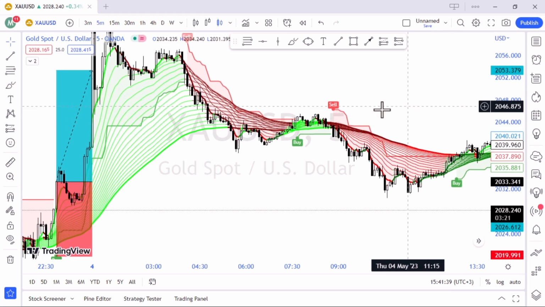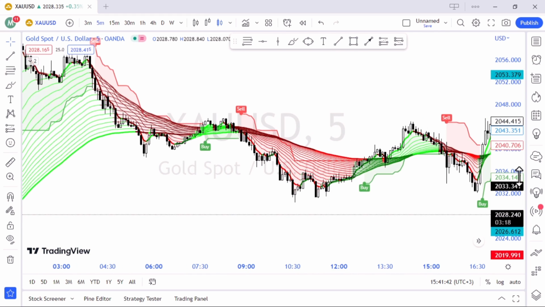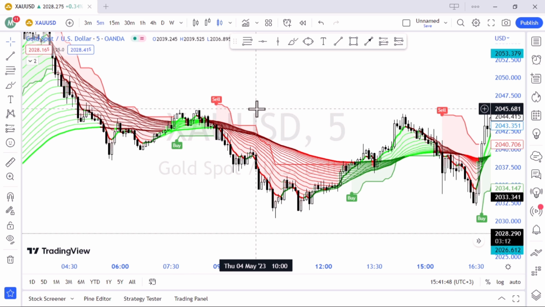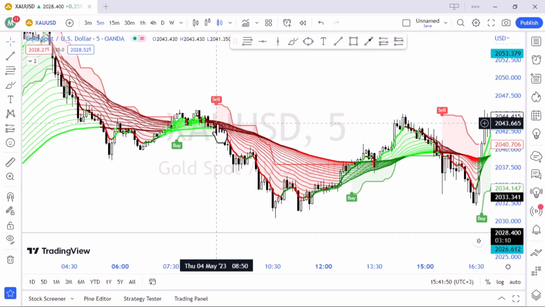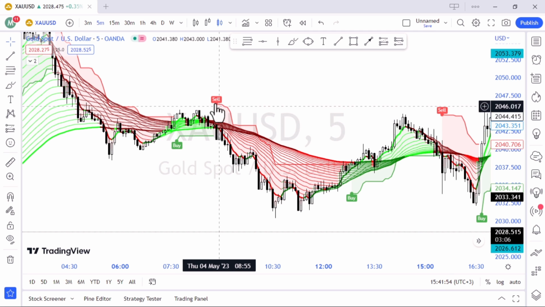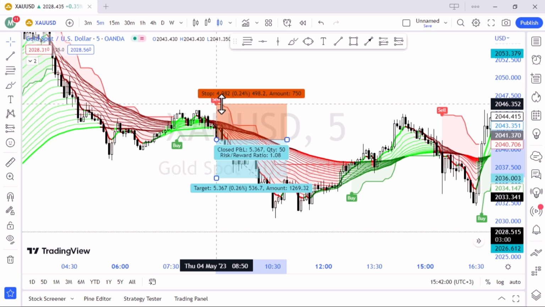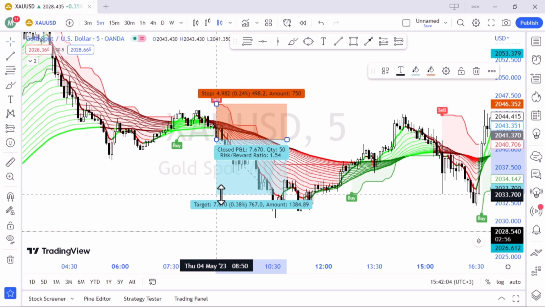So right after that, we were waiting for confirmations for a short entry. We had one beautiful one here. This candle, this black one, which in this case is a red candle, I changed the colors, turned all the lines red. I have a sell signal, so I'm going to enter a short trade by the close of this candle here. Stop loss at the signal and target point 1.5.